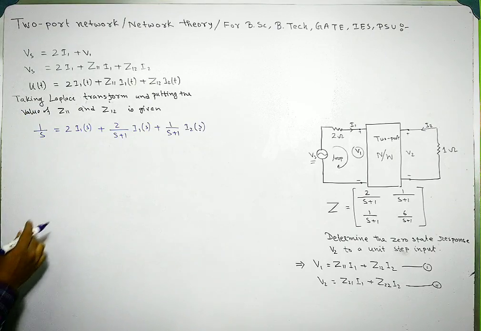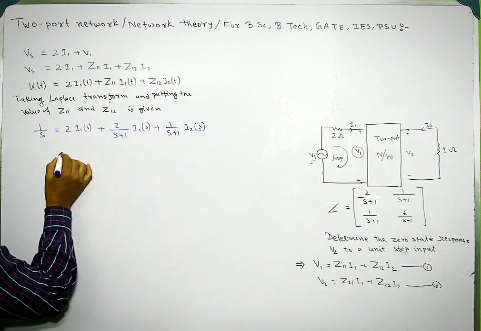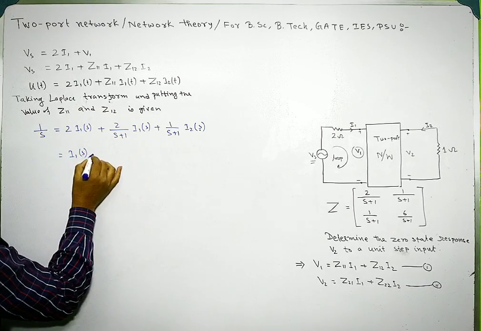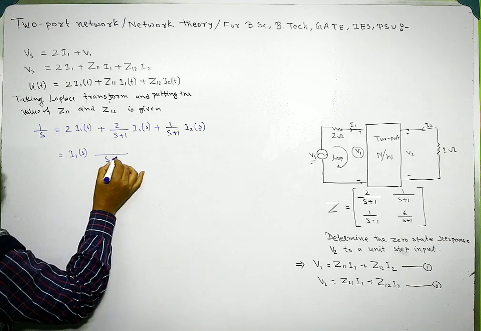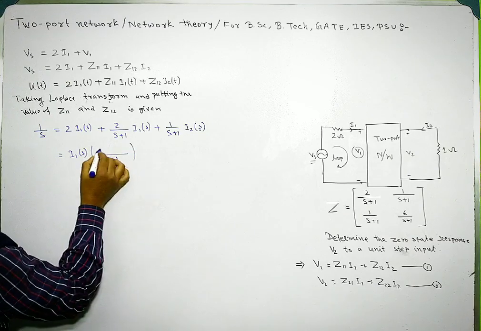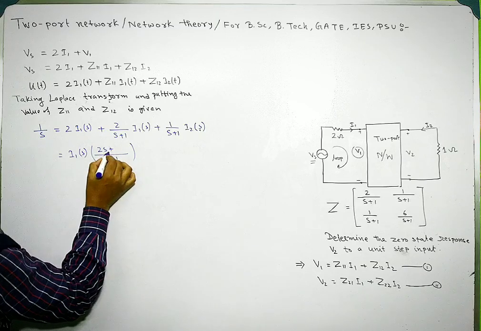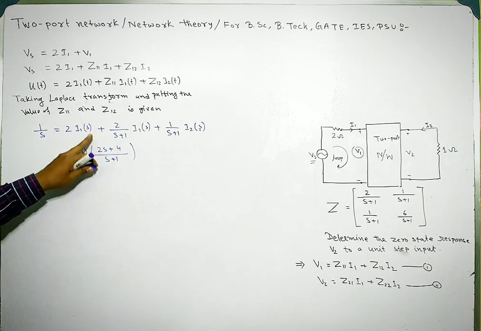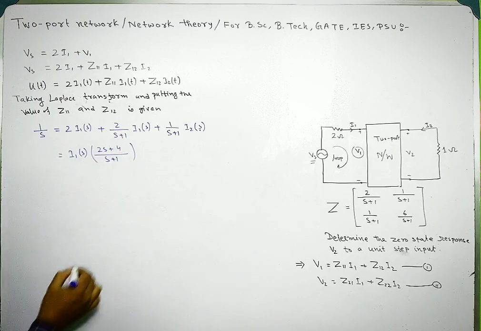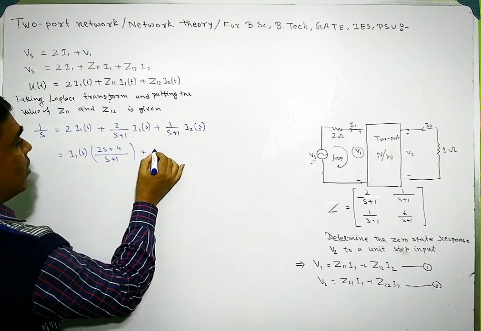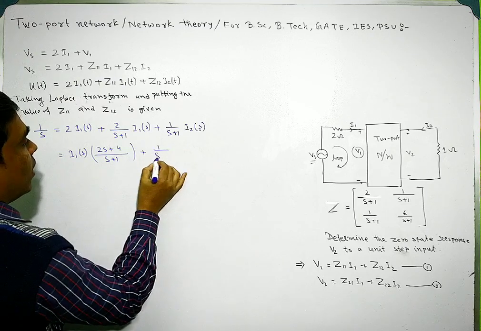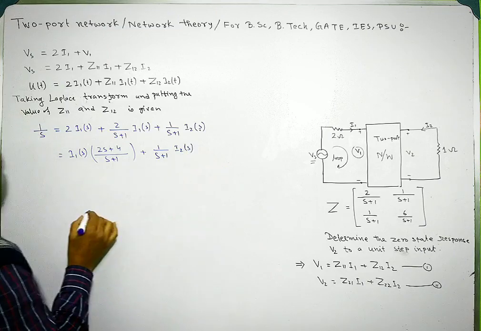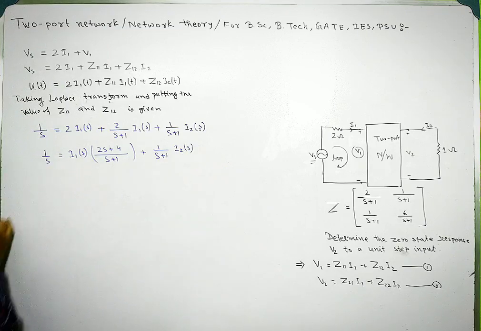Okay, so this is I1 and this is I2. If I take I1(s) common, then it will be (s plus 1) into 2, that is 2s plus 2, plus 2, which gives 2s plus 4, plus 1 by s plus 1 into I2(s), and this is 1 by s.